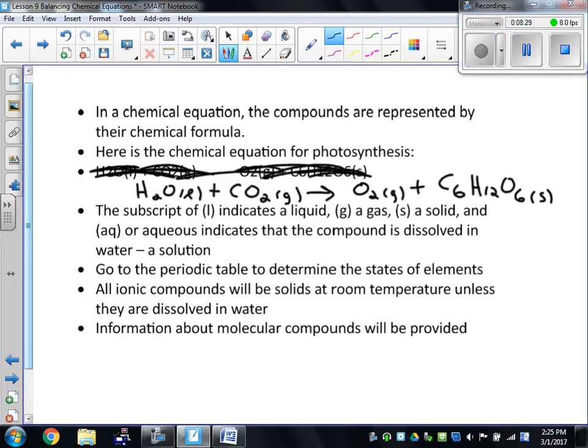So, all ionic compounds will be solids at room temperature unless they are dissolved into water. Remember, one of the properties of ionic compounds is that they hold together really well, don't they? Plus, minus, what's that structure called? Yep, crystal lattice. So plus, minus, plus, minus, plus, minus hold together really well. That is a solid.